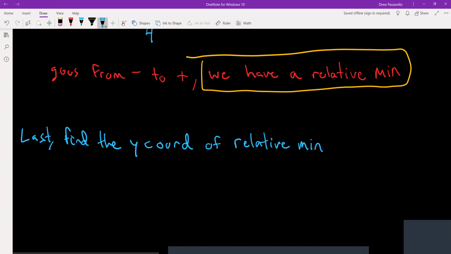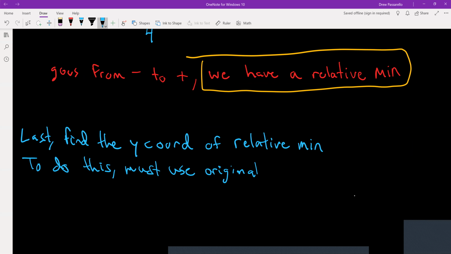We do this by plugging it into the original function. That's the key here. You must use the original function. We're not plugging it into the derivative, because if we did, it would give us 0, because that's a critical number. So use the original function.